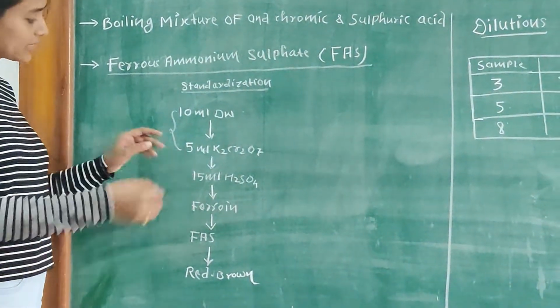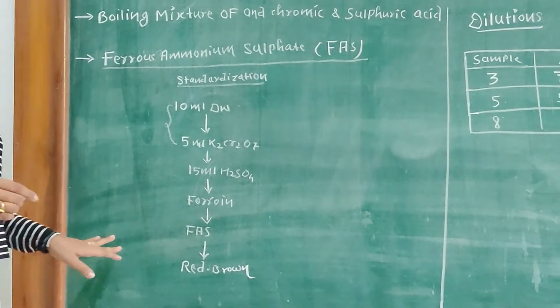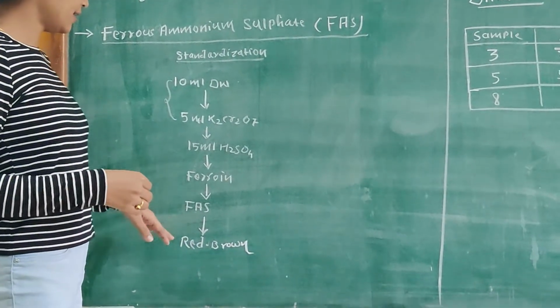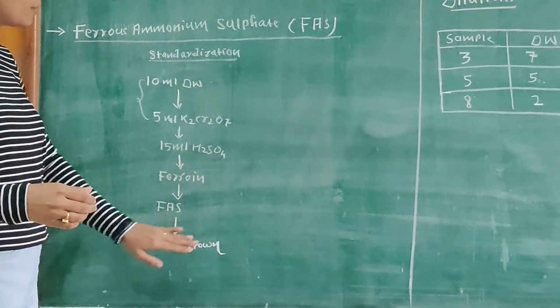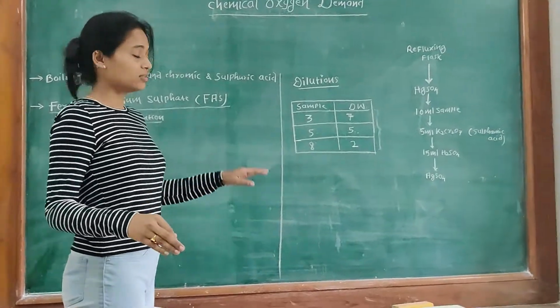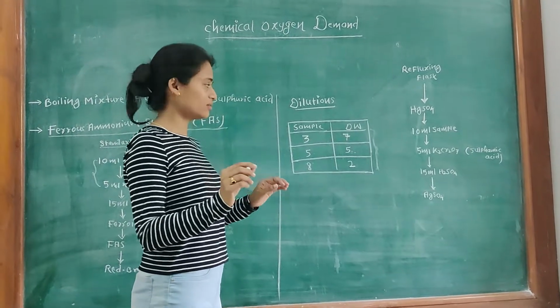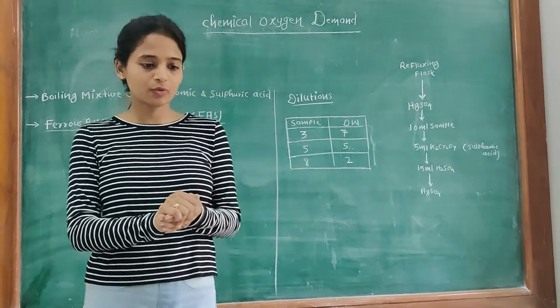After that you will start adding ferrous ammonium sulfate from the burette until you get the endpoint, red brown.